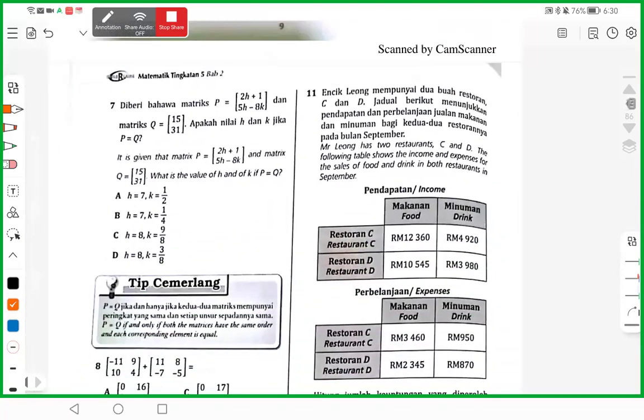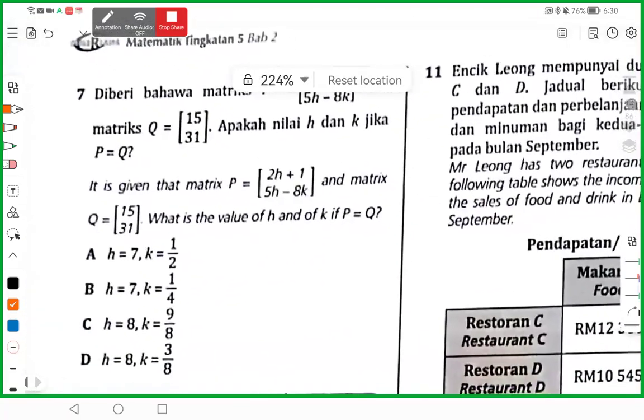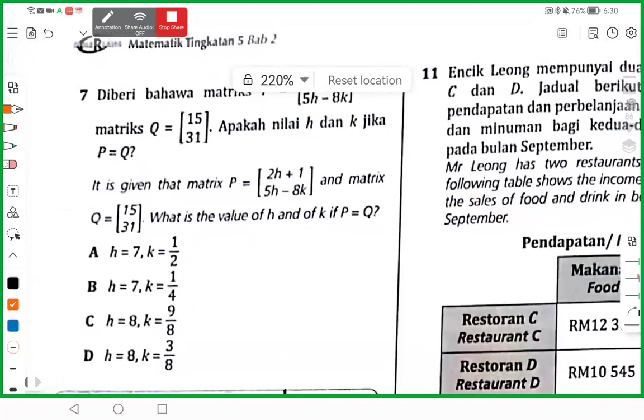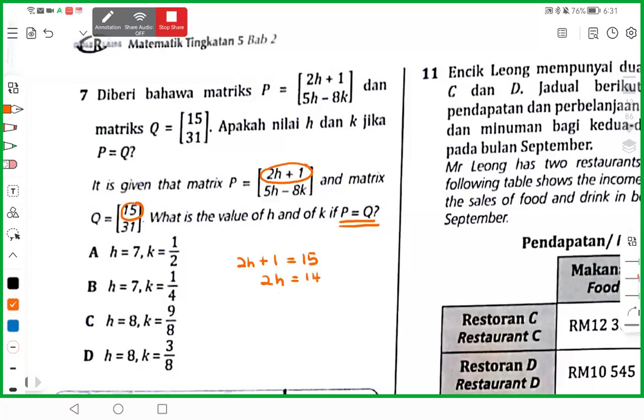What about this one? This is an equal matrix. So what is the value of H and of K if P equals Q? P equals Q means equal matrix, they are the same. So 2H plus 1 equals 15. If you want to write it down on paper 2 as working, you just form the equation. 2H equals 14, H equals 7.